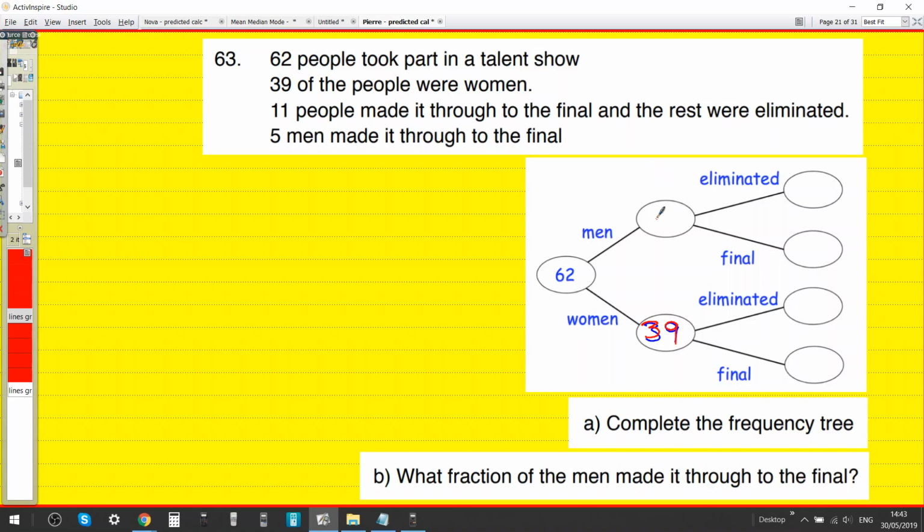And it says 11 people made it through to the final. So for the men, we can put 5 people made it through to the final.